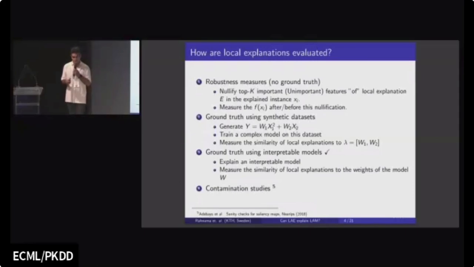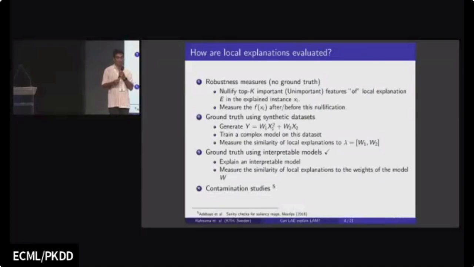So how are explanations evaluated? I have mentally categorized the way we evaluate them into 3 main categories. Either you use robustness measures, you don't have a ground truth. So what you do is that you nullify important and unimportant features. You use the model that you were supposed to explain as some sort of oracle, and you see whether the nullification of these features has any effect or not, right?